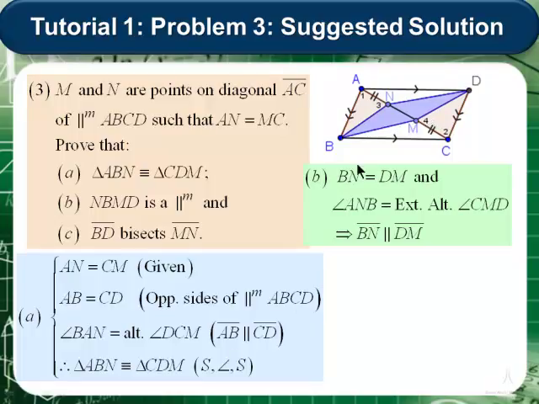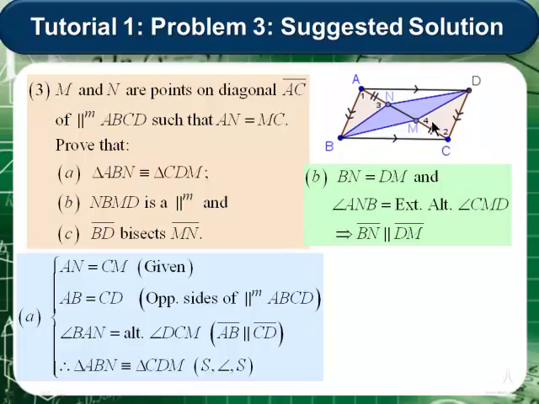From the congruency, we know that angle 3 is equal to angle 4. But if we consider the line segments BN and MD and the transversal ANMC, then 3 and 4 are not only equal, but they are exterior alternate angles.